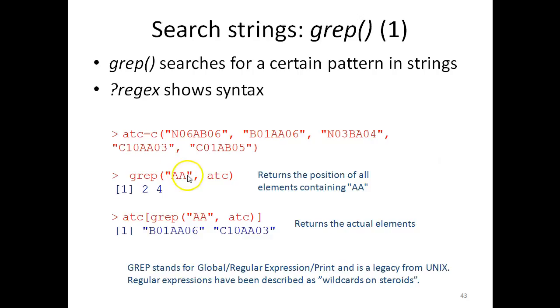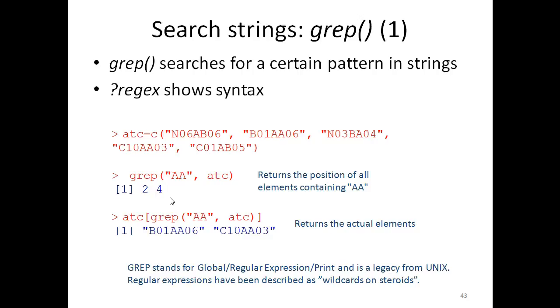In this case AA, comma, the second argument is an object containing the data where we would like to look for this pattern. And in return we get 2 and 4, indicating that elements 2 and 4 fulfill this criterion. And as you can see, this one contains AA, and this one, number 4, also contains AA.